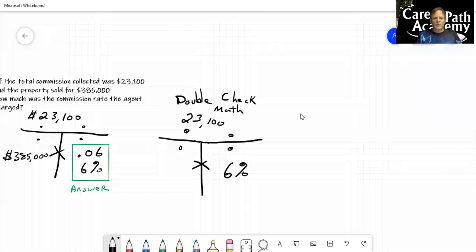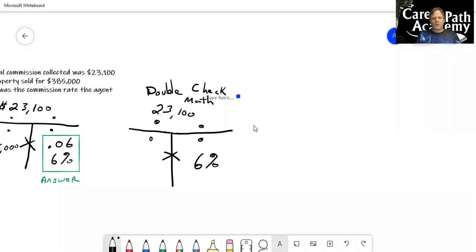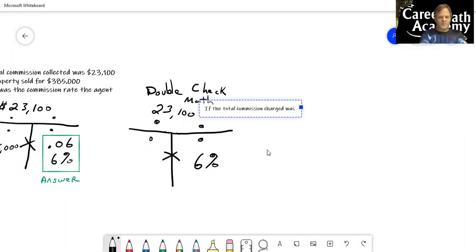So if I worded it another way, I could word it like this: if the total commission charged was 6%, and the agent or agency collected $23,100, how much did the property sell for?